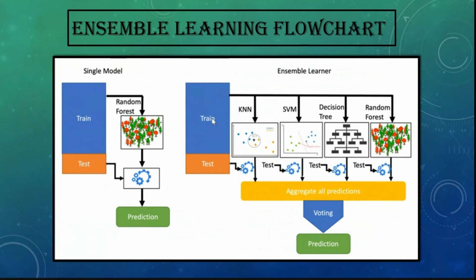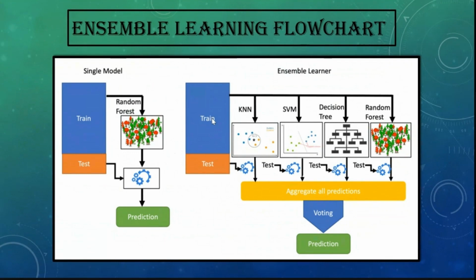Then all these models are used to predict the outcomes on the test data. The predictions are aggregated together so that we can have a final decision which we can go with.